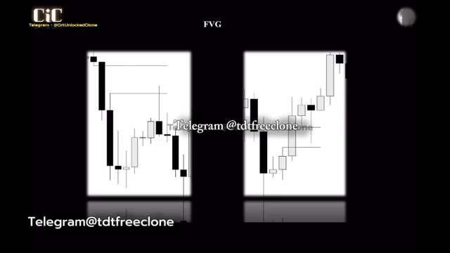And these gaps are rich and filled with leftover orders which need to be rebalanced. That's the reason why FVGs are always sensitive price zones in the correct order flow.